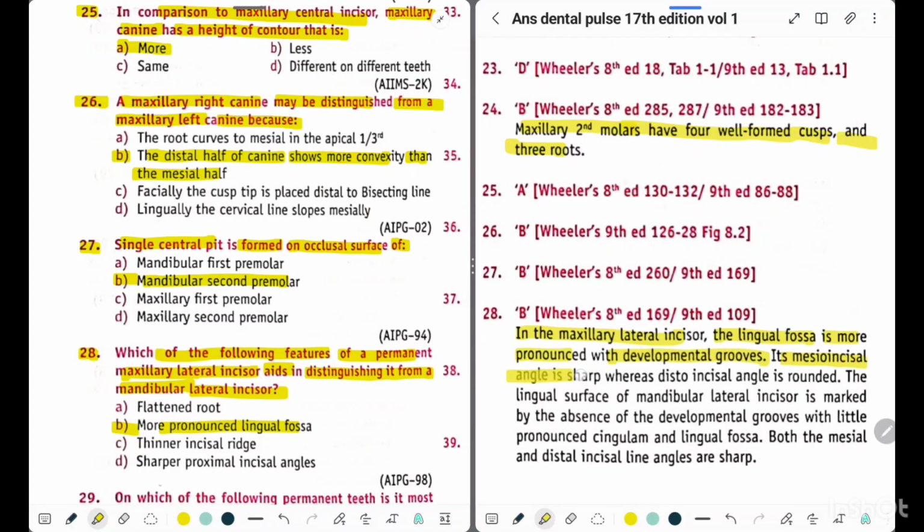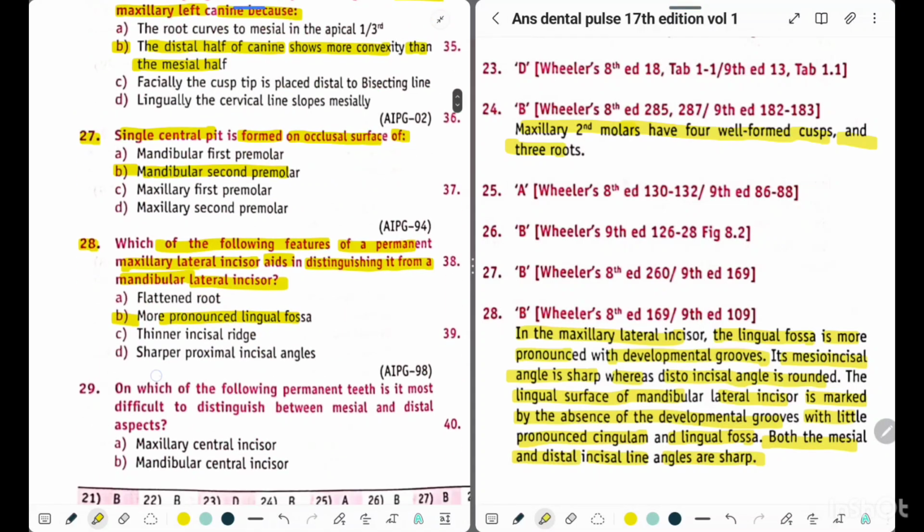Its mesio-incisal angle is sharp, whereas the disto-incisal angle is rounded. The lingual surface of the mandibular lateral incisor is marked by the absence of developmental grooves, with little pronounced cingulum and lingual fossa. Both the mesial and distal incisal line angles are sharp.